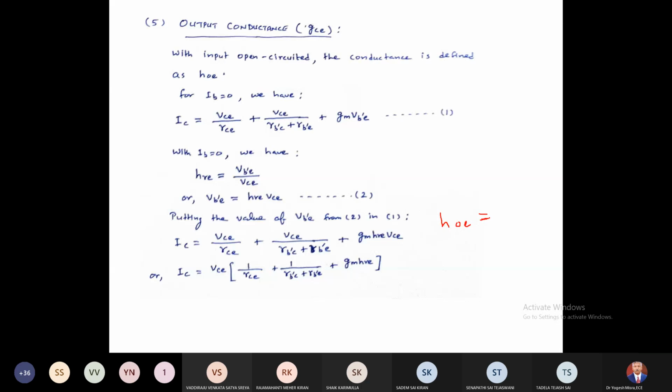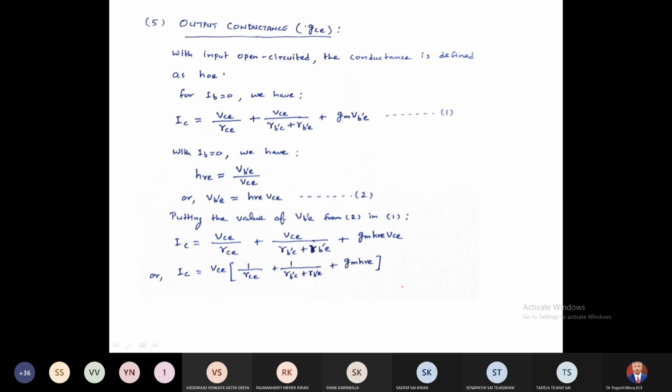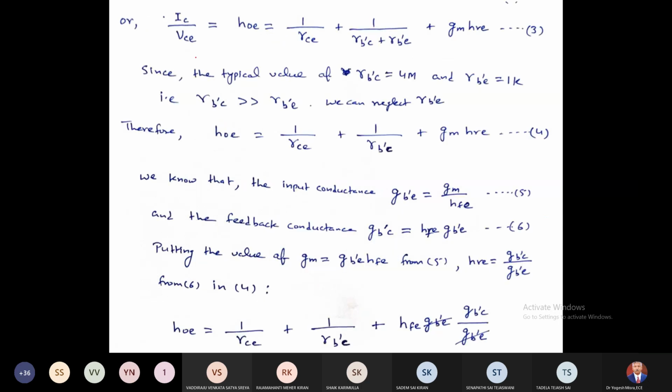Output admittance means IC by VCE. This is HOE. So here is IC, here VCE. I will bring VCE towards the left side. So this is my expression number 3 now. IC by VCE, which is your HOE, is this.